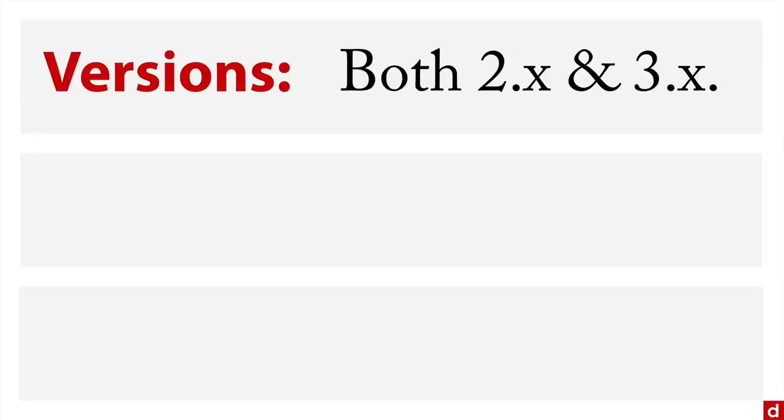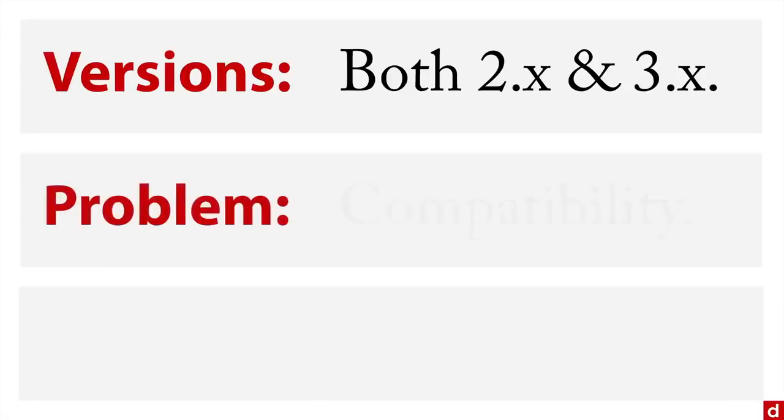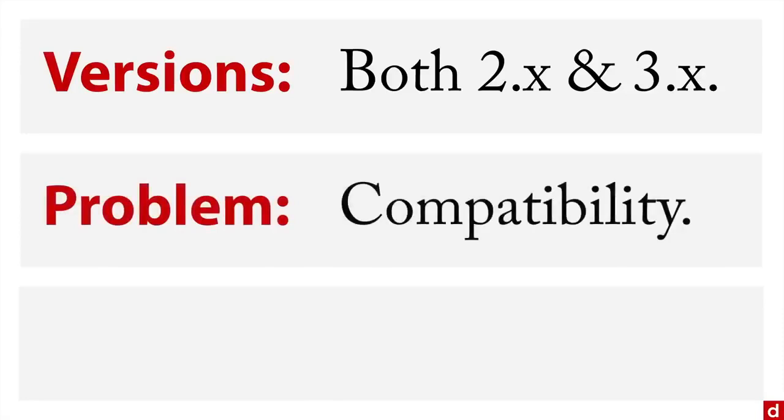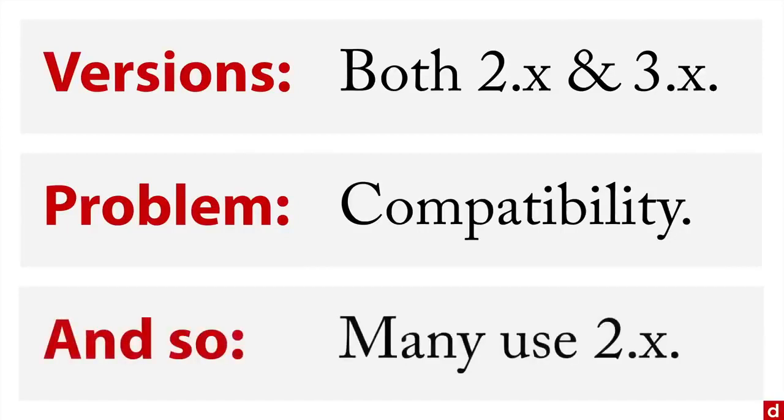And in fact, the problem is this: there are some compatibility issues where code that runs in one does not run in the other. Consequently, most people have to choose between one or the other. What this leads to is that many people still use 2.x. I have to admit, for the examples that I use, I'm using 2.x because so many of the data science packages are developed with that in mind.